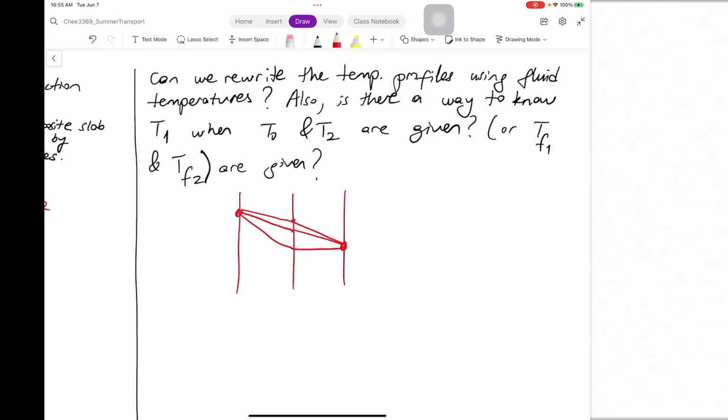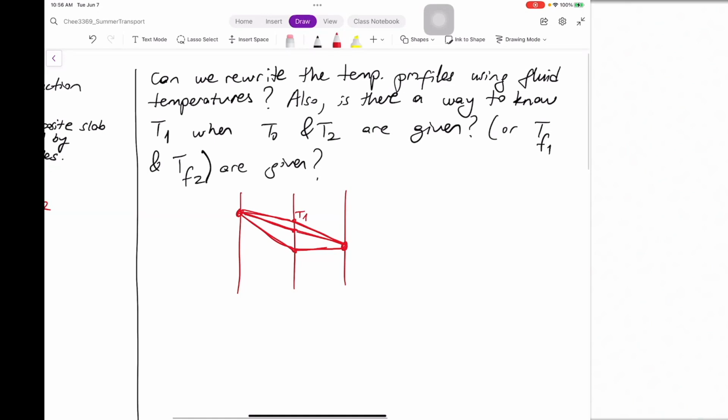You know that in each material the temperature profile is going to be linear, but you don't know how it's going to look, because you have a composite material, so you don't know where this T1 is going to be. Is it here? Is it here? There are infinitely many possibilities, right? So you should have one more boundary condition to relate those. Is that clear?